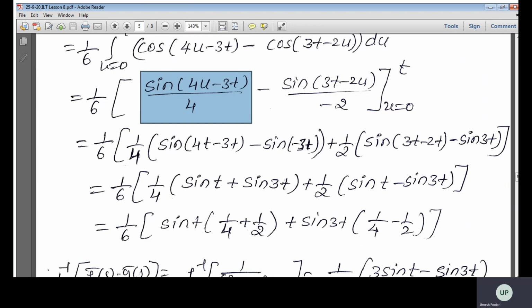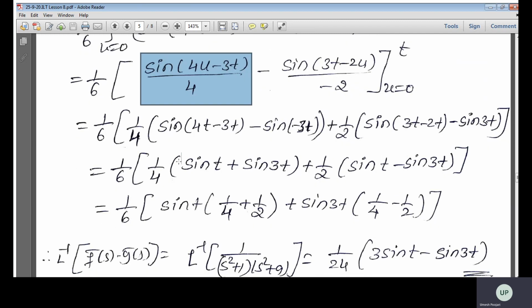Now the simplification is remaining: 1 by 6, 1 by 4 into sine t plus sine 3t, since minus of sine minus theta is sine theta. Similarly, it is sine 3t, plus 1 by 2 into sine 3t minus 2t will be sine t minus sine 3t.